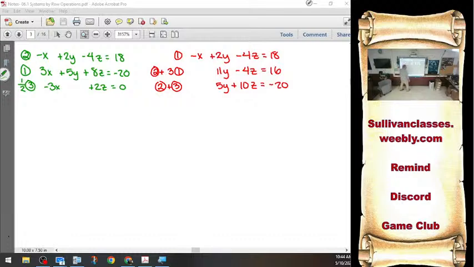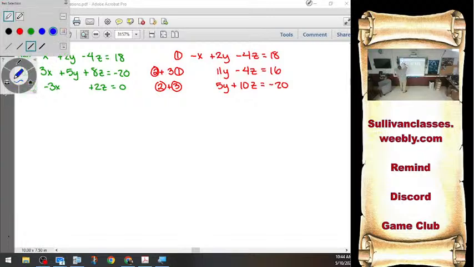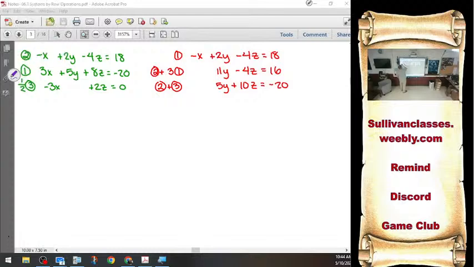Do you see any way that I could clean this up right now in blue? Any rows I can reduce? 5 by 5. Now, it would be kind of difficult and involve fractions if I tried to use an 11 to get rid of a 5.